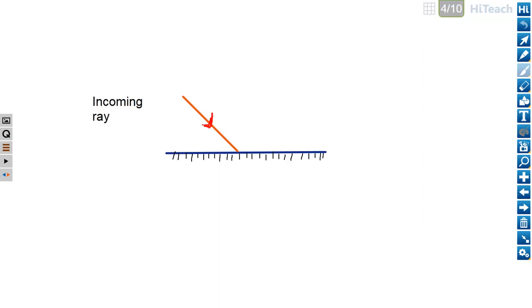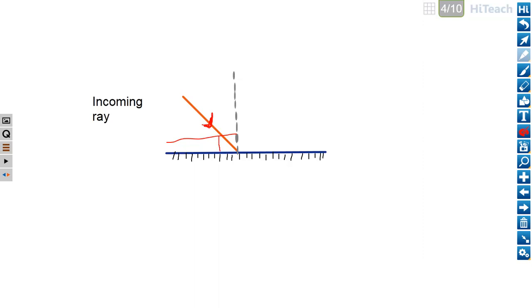This is the normal line at the point where the incident ray hits. You have to use the ruler to draw the normal. This is the normal, and it should make how much? 90 degrees with the surface of the mirror. So I have to make sure it makes 90 degrees with the surface of the mirror.